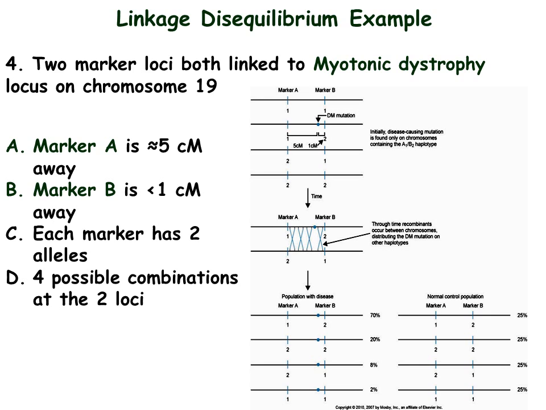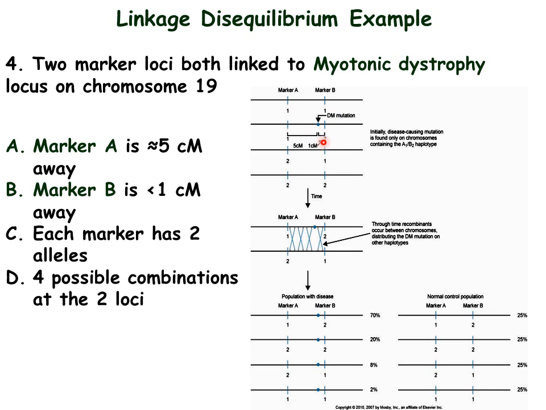Each marker has 2 alleles, and you have 4 possible combinations at the 2 loci. So if you take a look at this, the way it's set up over here on the side, here's marker A, here's marker B, and here's the disease or myotonic dystrophy mutation right here.